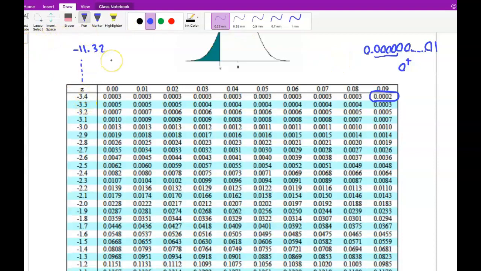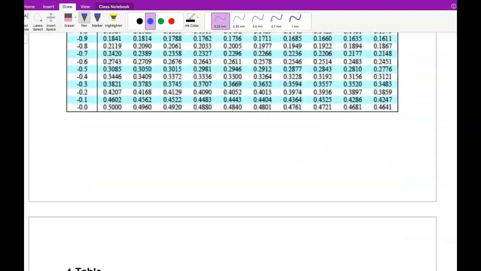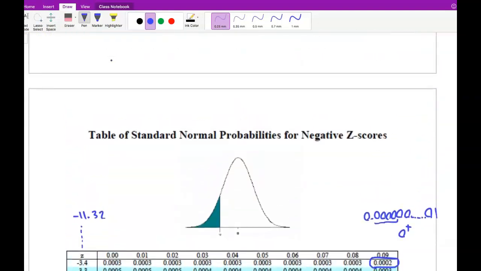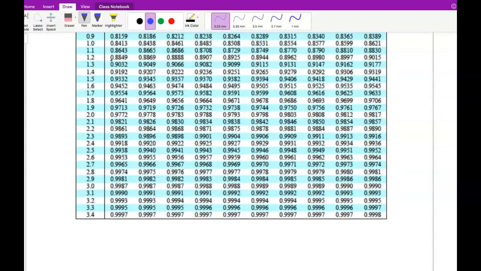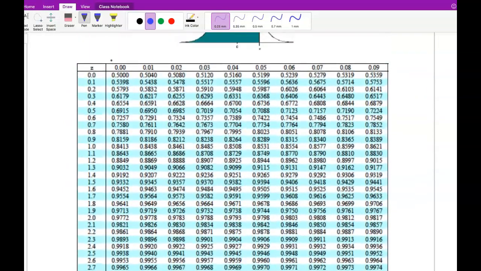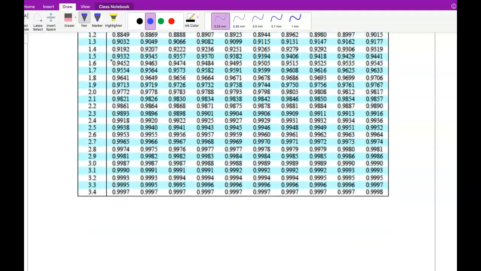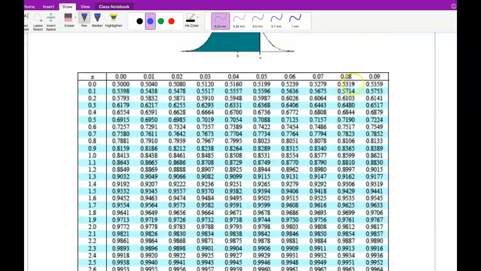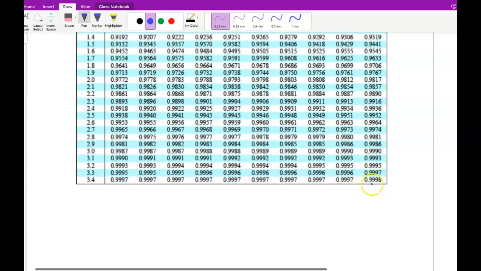This is true also when you have a positive z-score. See, here we have 3.49. We have 0.9998. When it's increasing, for example, 11.32, now I have positive.